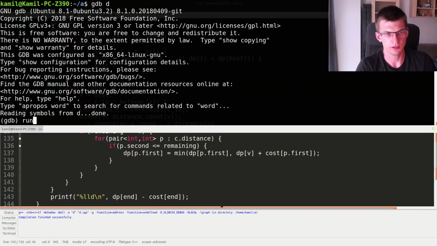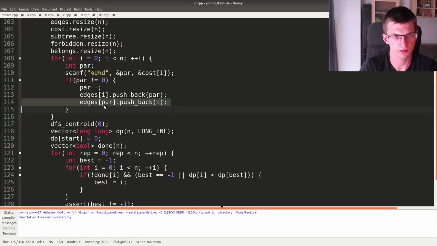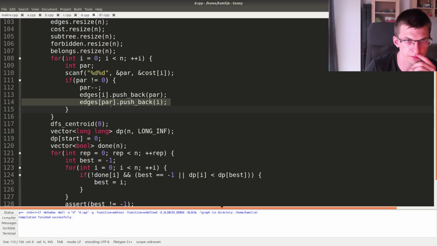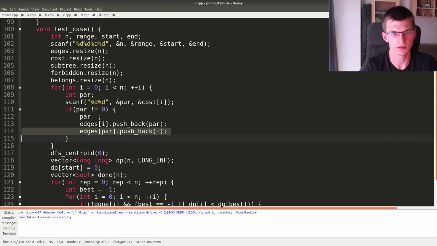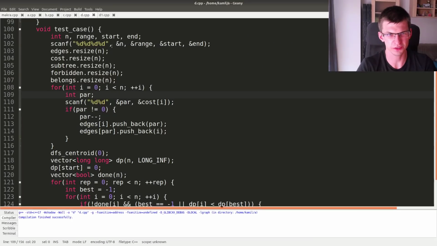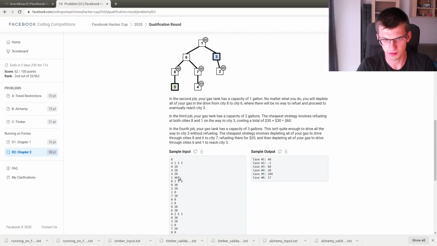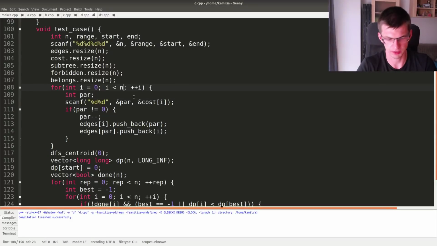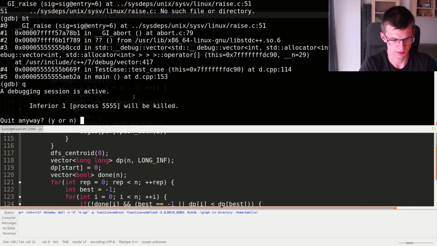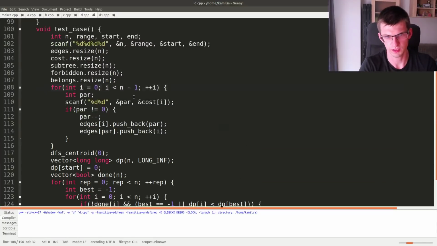GDBD run on in. There's a mistake. 114. Address of parent, push back this. Maybe I read in the wrong order. Something should be wrong with reading, I guess. And -1 it is. Still.